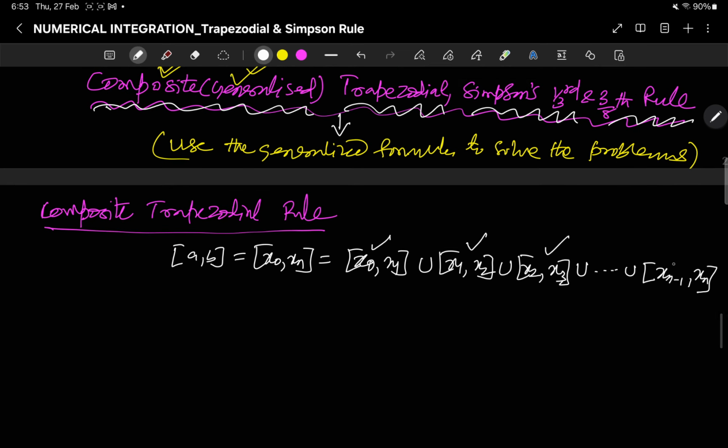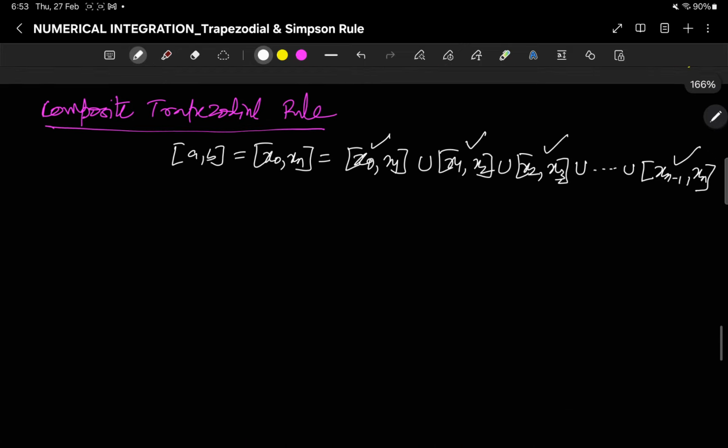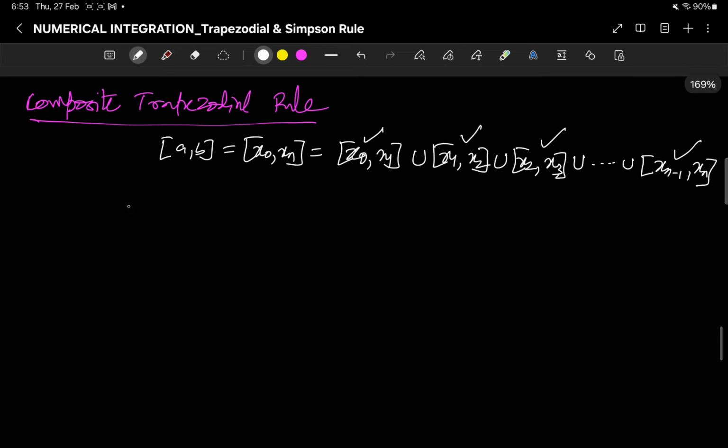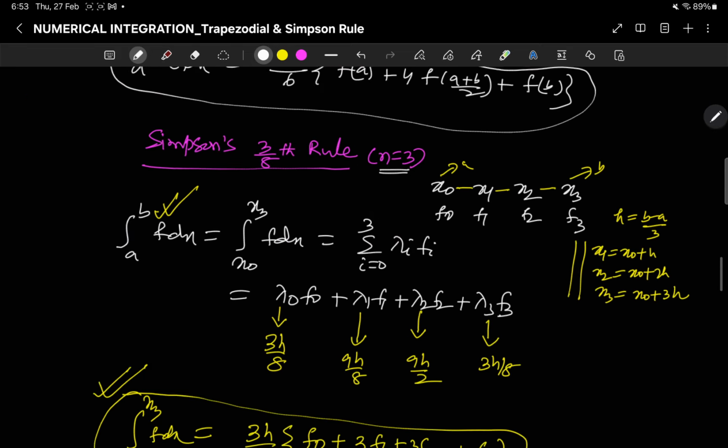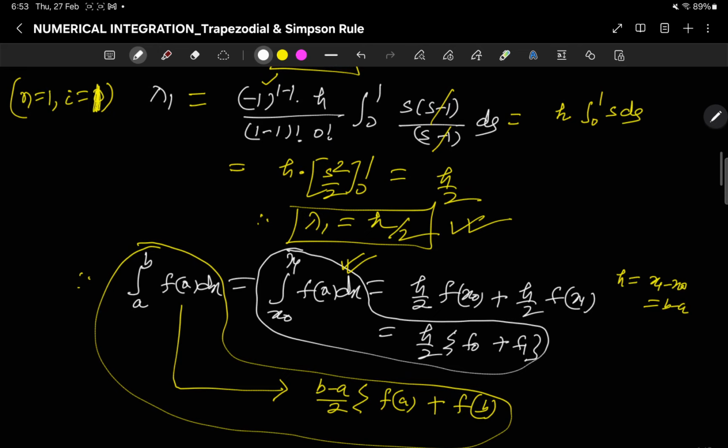You see here in each interval we have two nodes. Now in individual intervals, the integral x0 to x1 f dx by the usual trapezoidal rule is h by 2 (f0 plus f1).